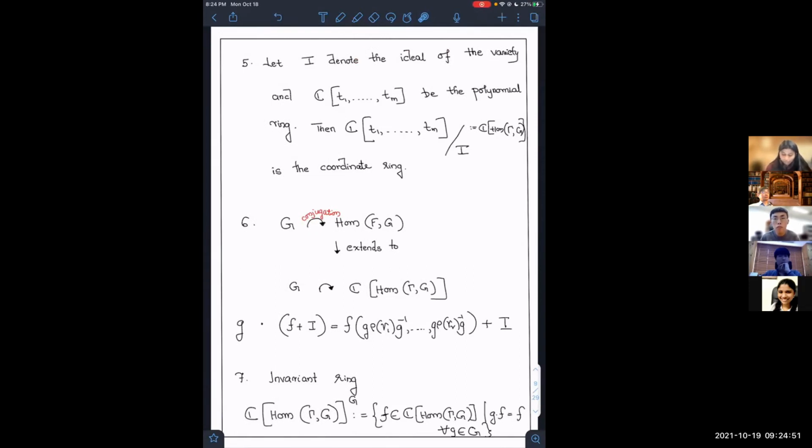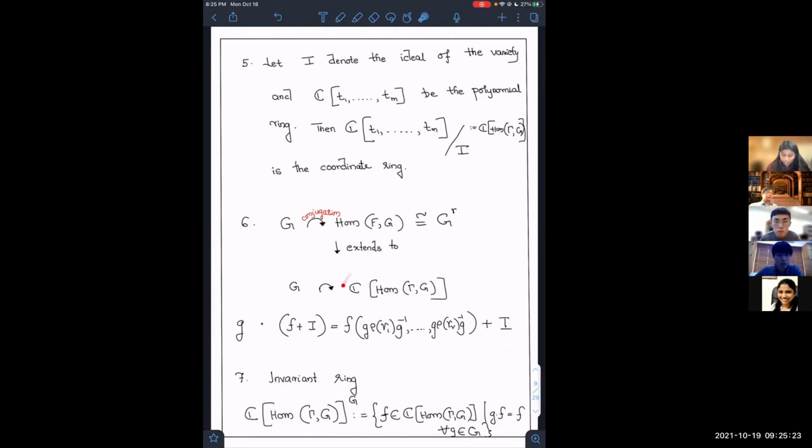Okay, so now we know that G acts on Hom(F, G), or Gamma, which is isomorphic to G^r, right? So G can act on G^r by conjugation on each coordinate. So that action we can extend to an action on the coordinate ring in this way.